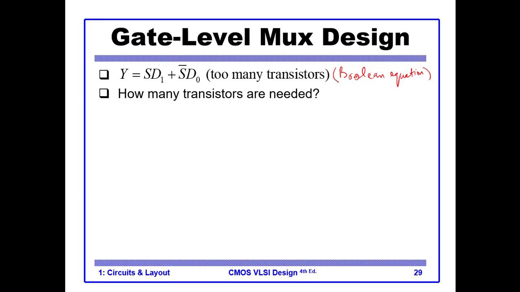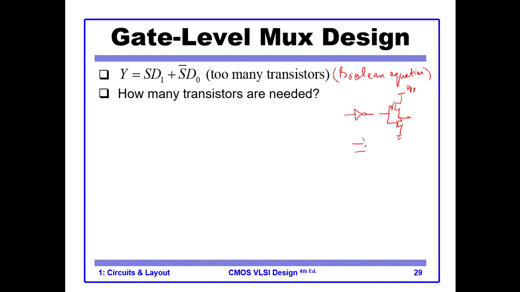So how many transistors are needed for this circuit? We saw that for a NOT gate, the circuit consists of two transistors.